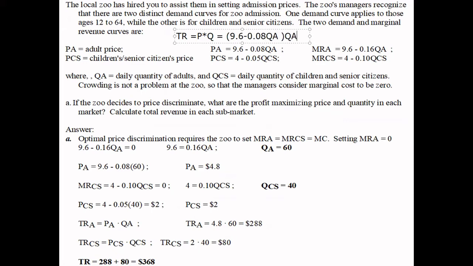Then the equation will be 9.6 QA minus 0.08 QA to the power 2. If I differentiate, this gives me the marginal revenue, 9.6 minus 0.16 QA. So this is how I got the marginal revenue.